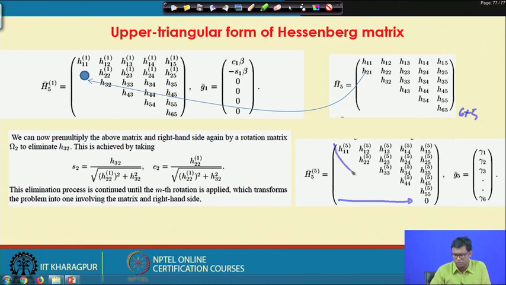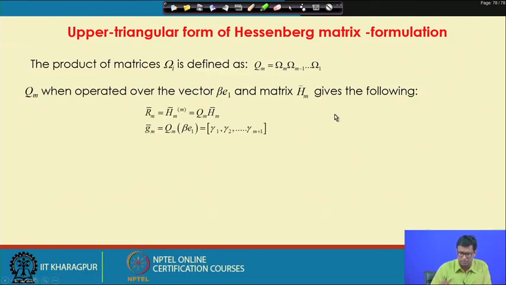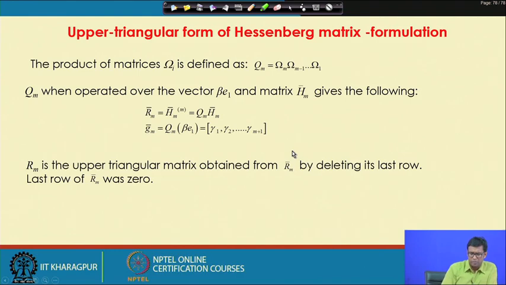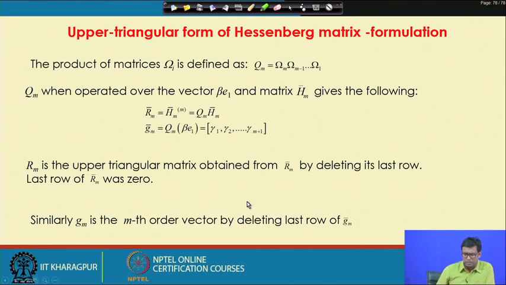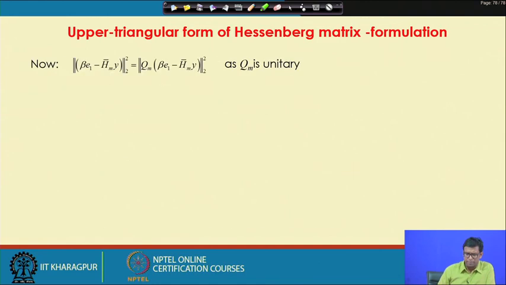So this will give me a 5 by 5 upper triangular form if I delete the last row. That is exactly what we are doing here. So, R m is the upper triangular matrix obtained from R m bar by deleting the last row, since the last row is 0. Similarly, G m is the m-th order vector obtained by deleting the last row of G m bar.